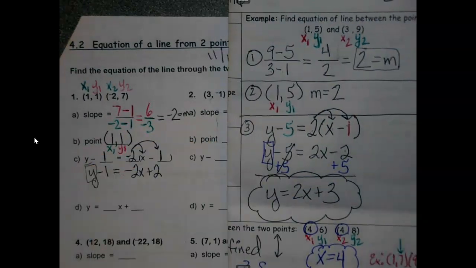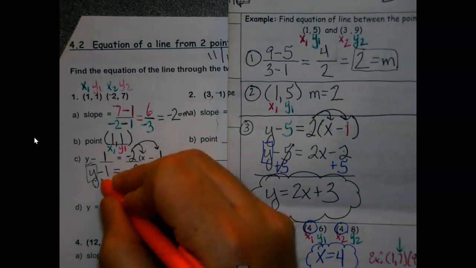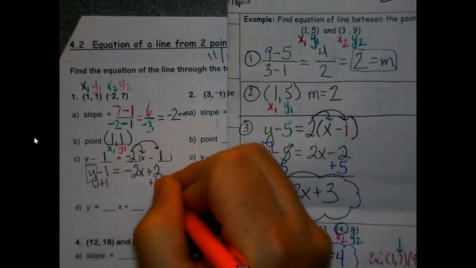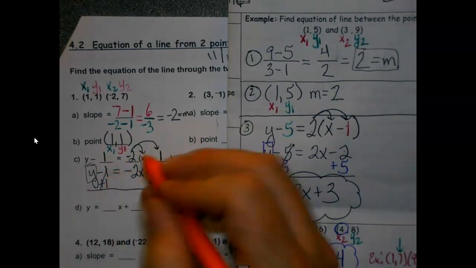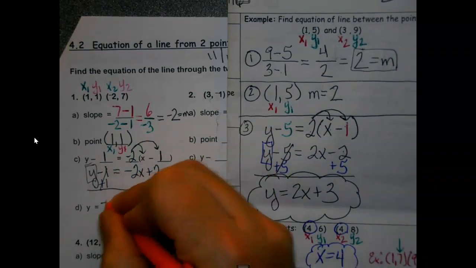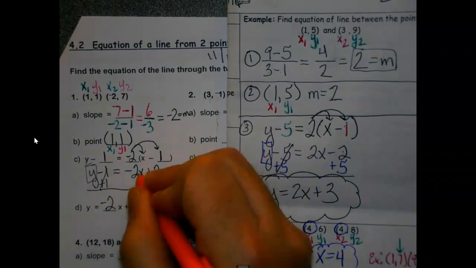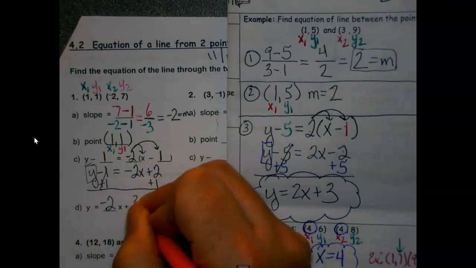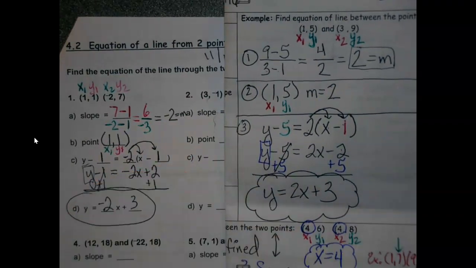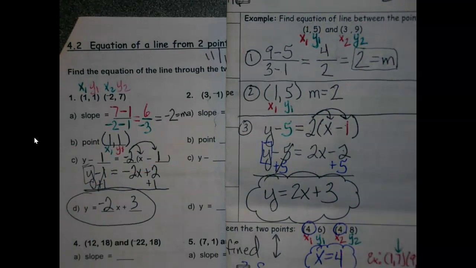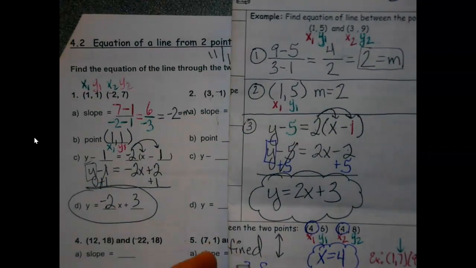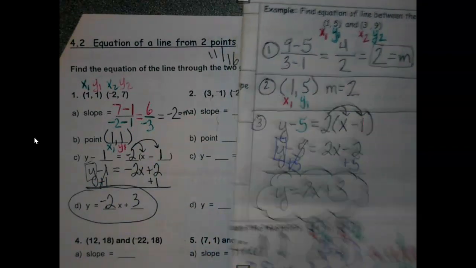And then you got 1 step left to get y alone. The number in front of x didn't change, so we just leave it. And 2 plus 1 is 3. Dang, that was almost like the same. That's kind of weird.